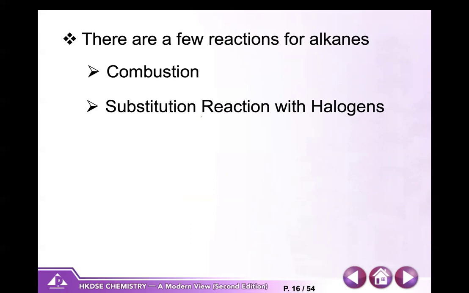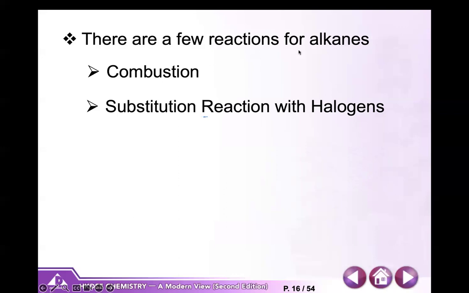The first one is combustion, that is burning. Burning can occur with almost anything. A lot of things can even burn. For example, we can burn plastic, although it is very chemically inert, or even metals. Some metals, for example iron, can also burn in the air. So if it is a very rigorous condition, alkanes can react.